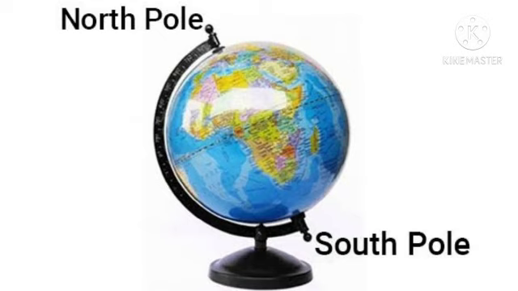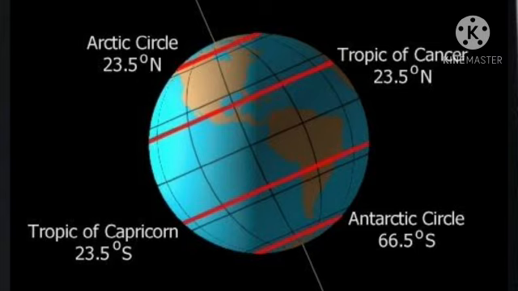No, only points are there. Only one dot. These points are known as the North and South Pole respectively. All the other lines of latitudes are circles drawn parallel to the equator.